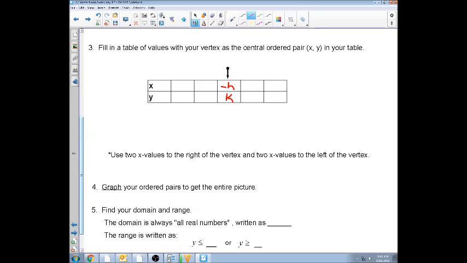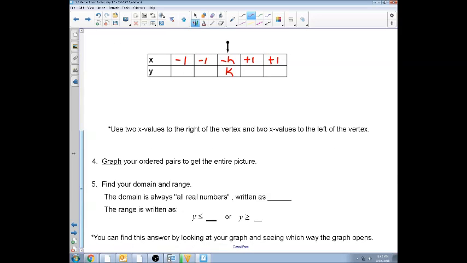From there, what we're going to do is add 1 to each box moving to the right, and then we will subtract 1 in each box moving to the left. Using those x values, we will be able to solve for our y. So we want to use 2 x values to the right of the vertex and 2 x values to the left of the vertex, as you can see in our table. Then we want to go ahead and graph our ordered pairs to get the entire picture.